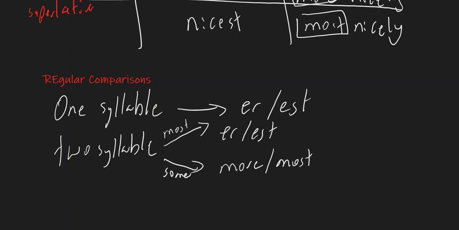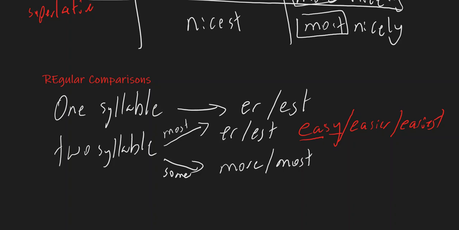Example, the word easy is two syllables, E and Z. Okay, so the comparative is easier, and the superlative is easiest. However, we might have some words that, even though they are only two syllables, when you add er or est at the end, they look very weird.